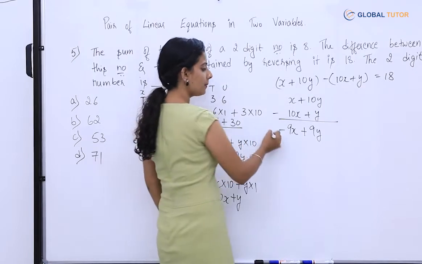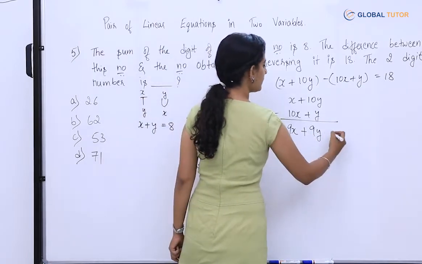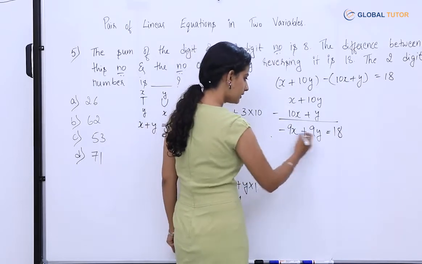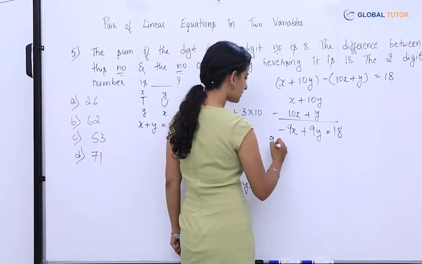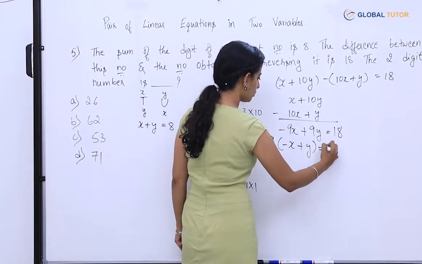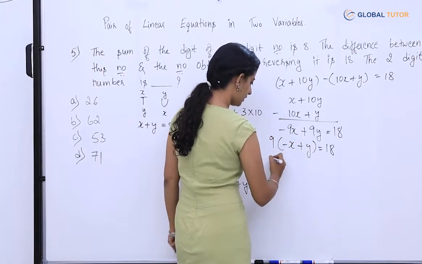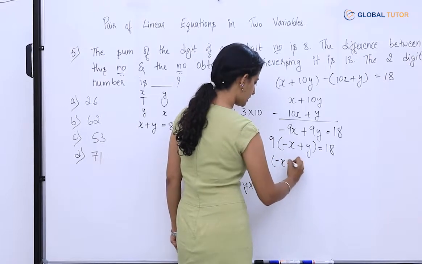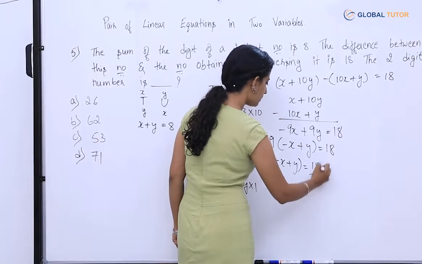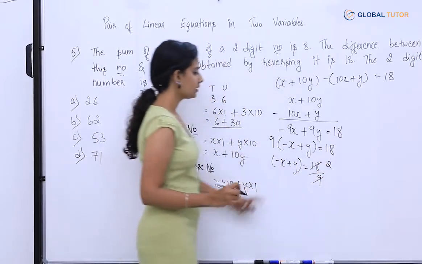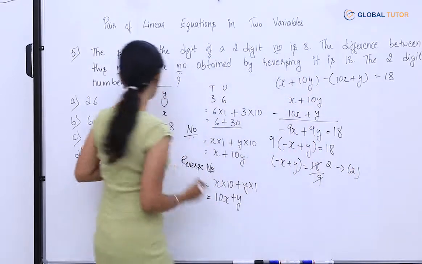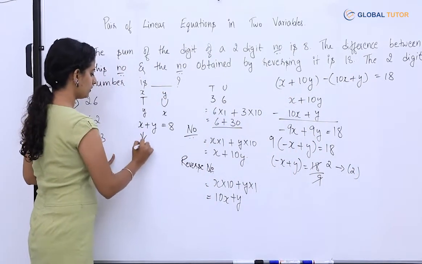Which means minus x plus 9y is equal to 18. Now here we can take 9 is common, so we have minus x plus y is equal to 18 by 9, which is 2. So let's call this as equation 2 and this would be our equation 1.